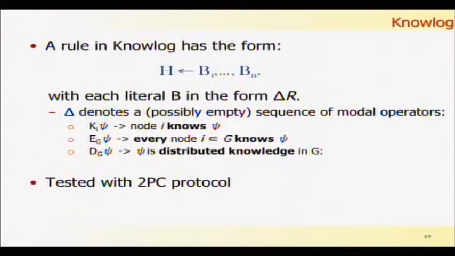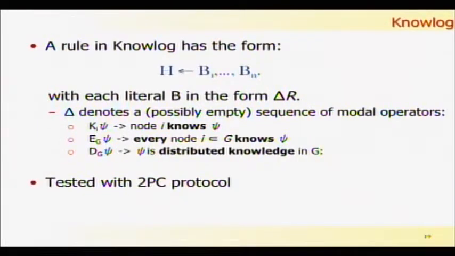We named this language Nolog, and a rule in Nolog is basically the same as a Datalog rule, but now each literal is in this form, where delta is basically a sequence of modal operators, and we allow 3 different types of modal operators. The K, which means that node i knows something, that is what I described before.